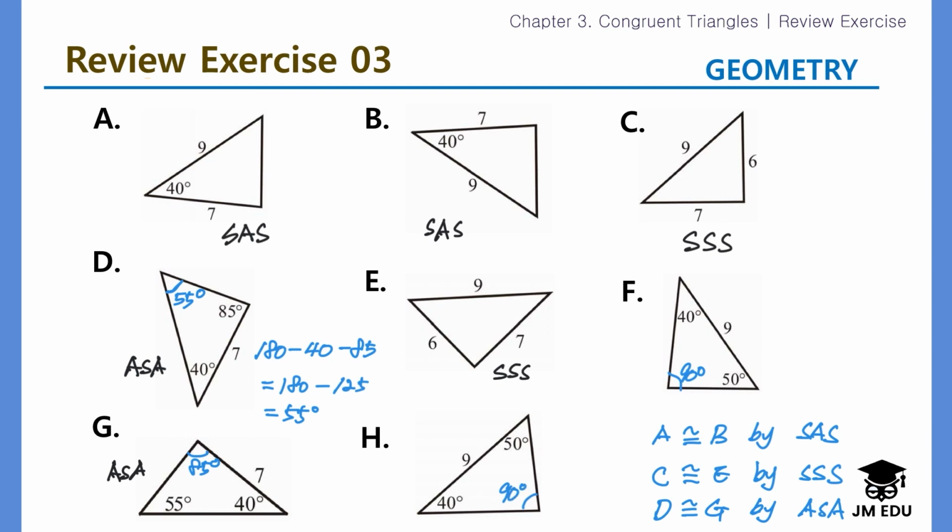Here we have a 50 side 9, 40. 50 side 9, 40, right? These two triangles are congruent by also angle, side, angle, right? So F is congruent to H by angle, side, angle, right?